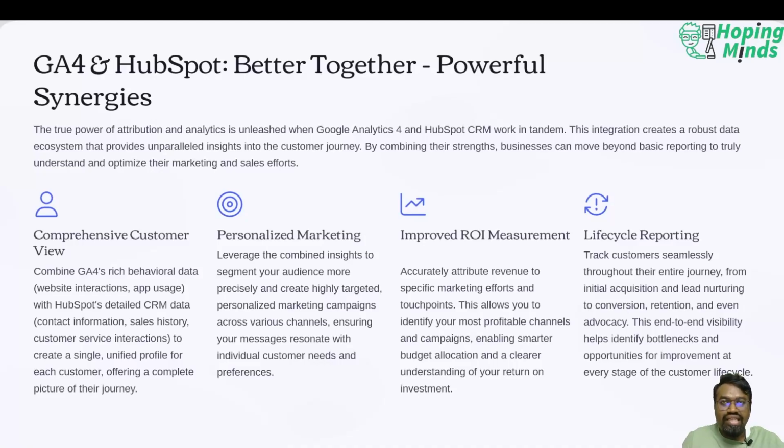This integration creates a robust data ecosystem that provides unparalleled insights into the customer journey. By combining their strengths, businesses can move beyond basic reporting to truly understand and optimize their marketing and sales efforts.